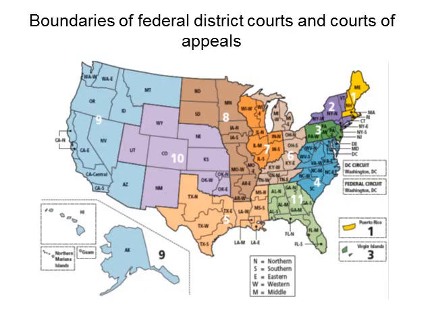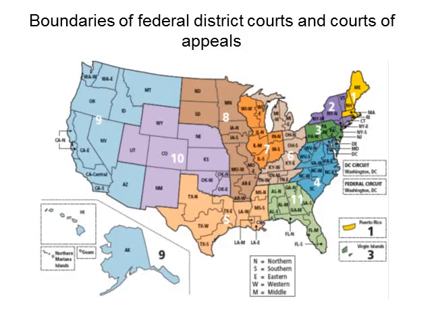So this shows the boundaries of federal district courts and courts of appeals. You can see that Oklahoma is part of the 10th Circuit, and that includes Kansas, Nebraska, Colorado, New Mexico, Utah, Wyoming. And you see the breakdown of the 12 circuits of the courts of appeals. Sometimes courts of appeals are called circuit courts.